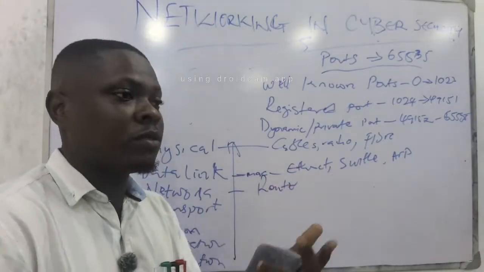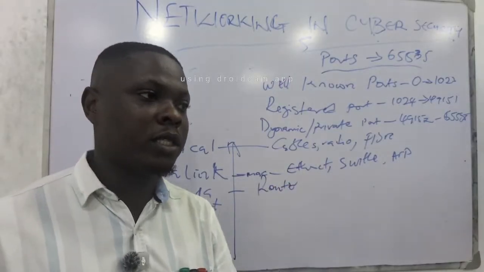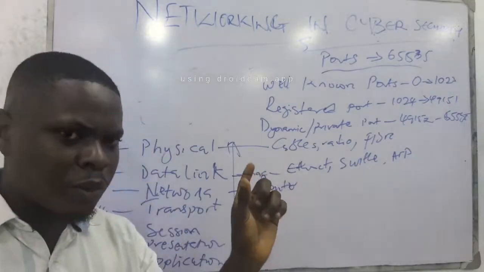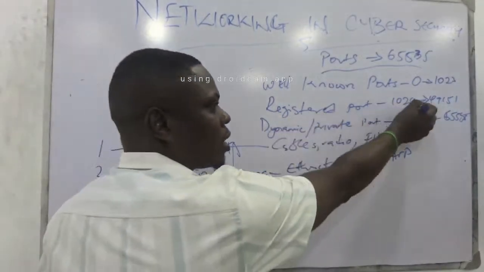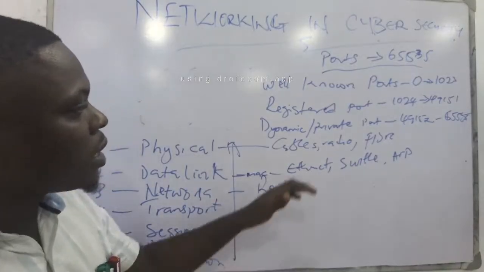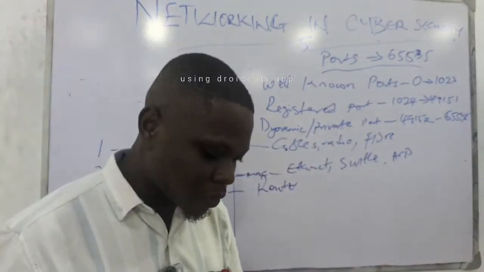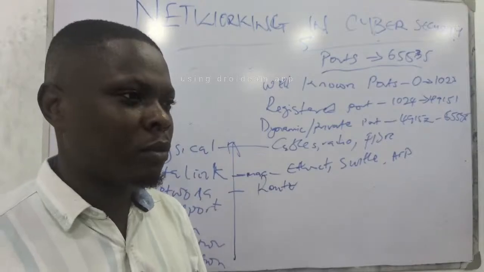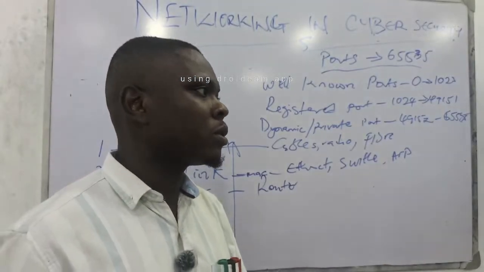It's an application managing the database, and it uses a particular port which falls under the registered ports. While the dynamic and private ports are used by operating systems, but not commonly used.